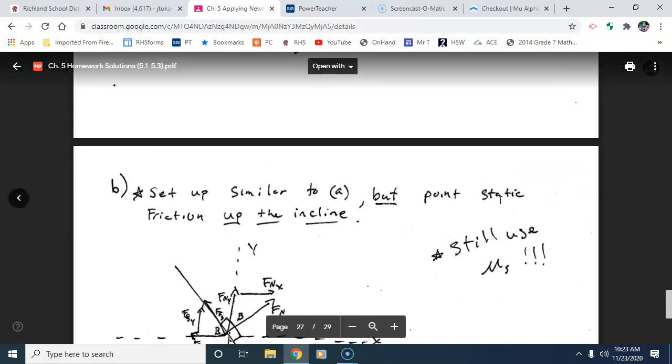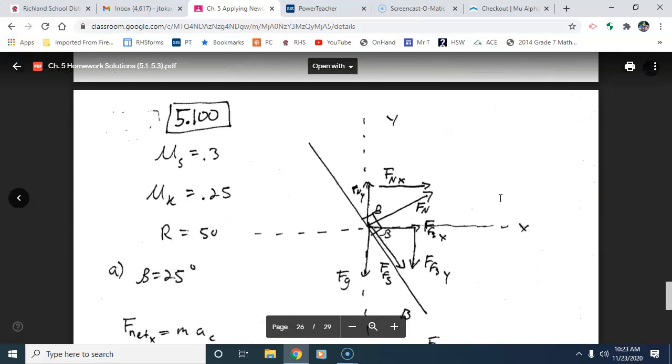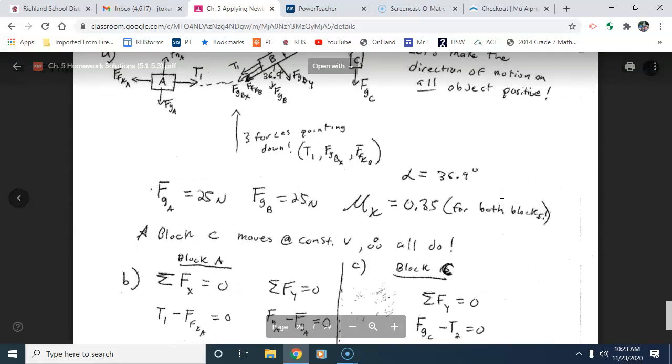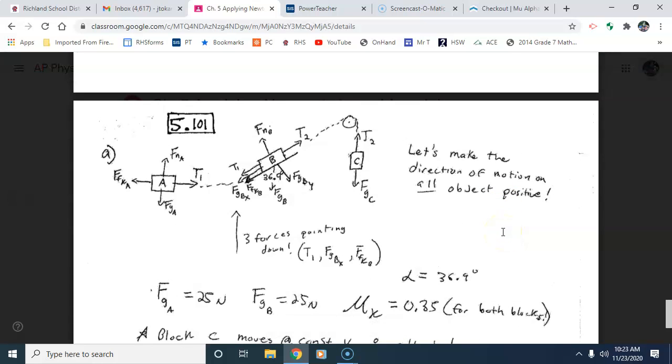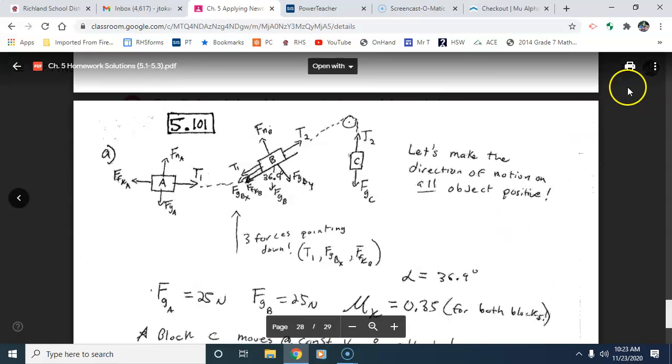Okay. Yeah, 101's just one of those crazy Atwood ones where there are 3 blocks all combined, but you still keep in mind the same concept as any multi-mass Atwood system. Tensions are going to be the same from block to block. Now, because we have a 3-mass system, we do have to be careful with one thing.